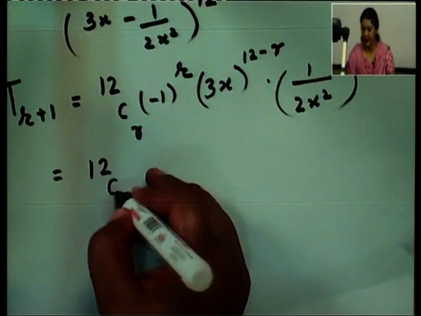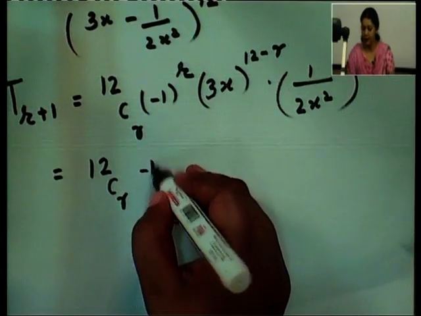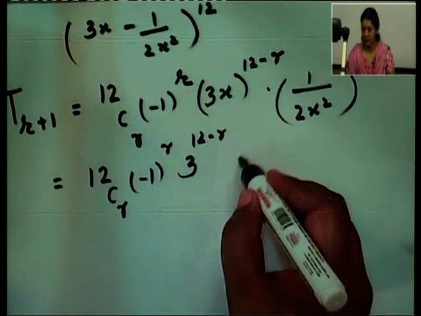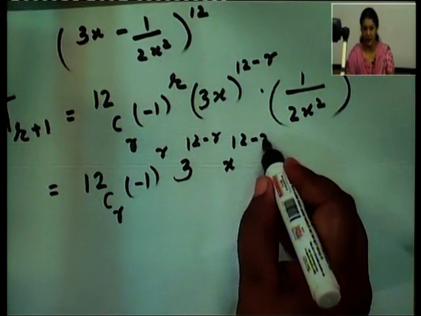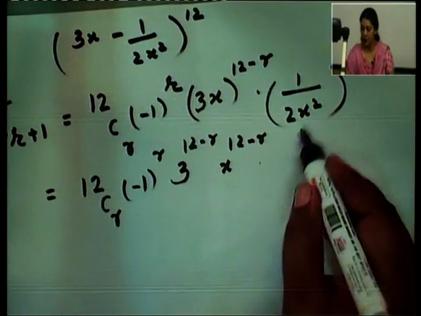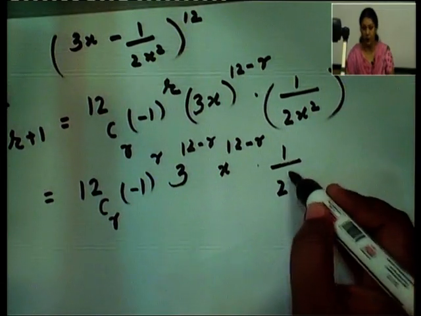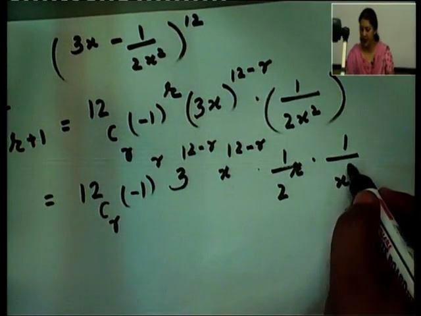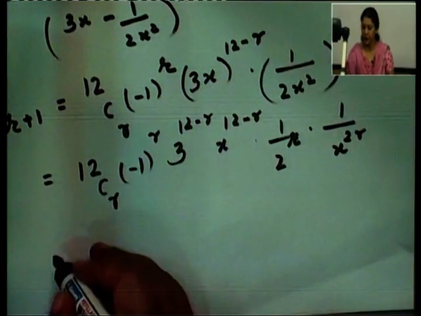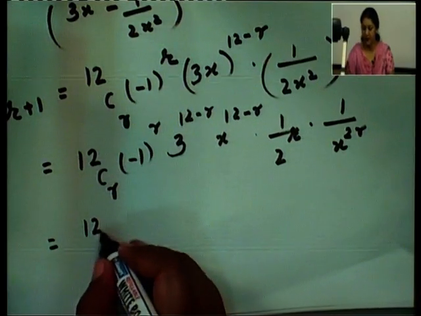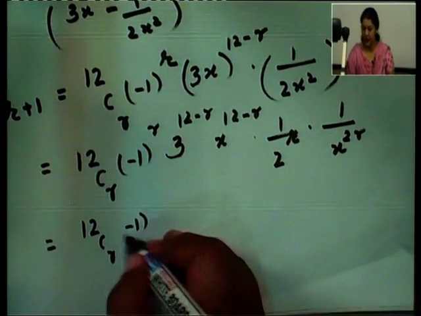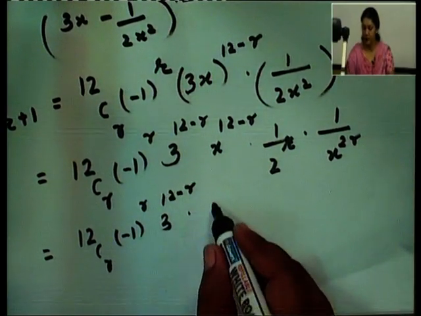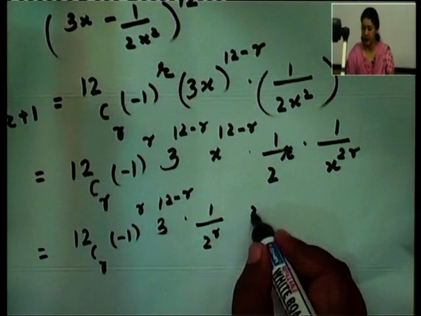Simplifying, this is 12Cr (-1)^r 3^(12-r) x^(12-r), and opening the bracket, 1/2^r into 1/x^(2r).